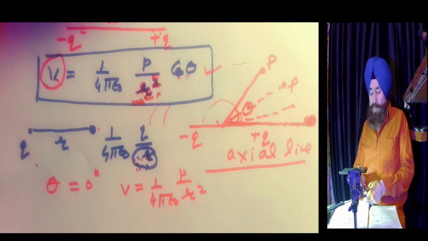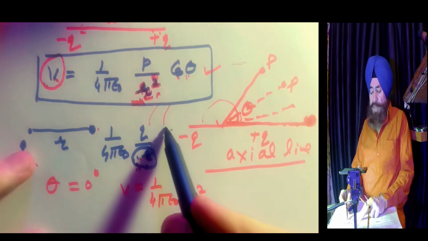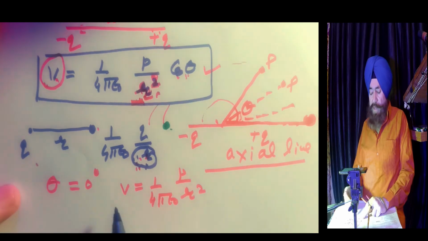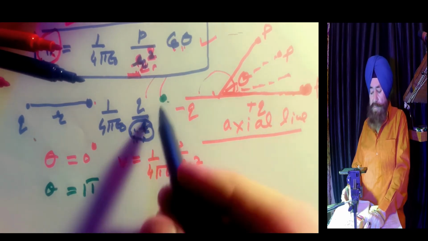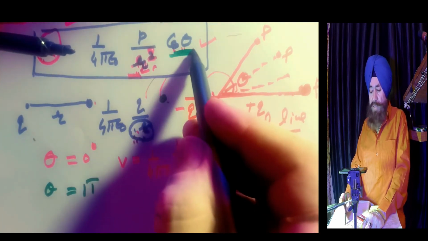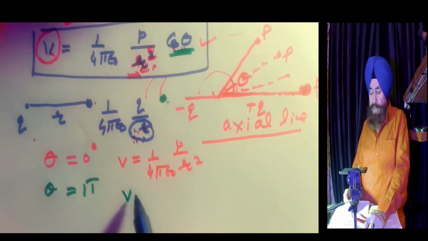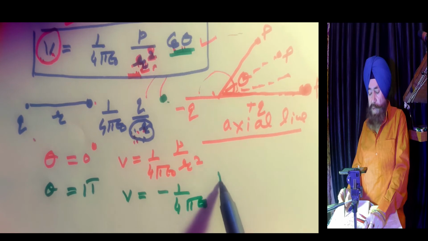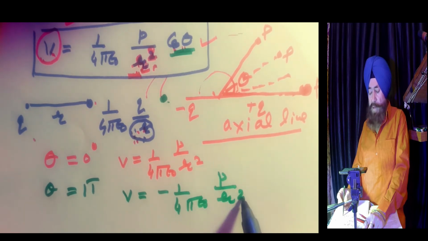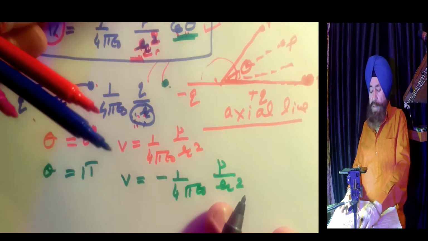And if your observation point is on this side, then theta equals pi, and cos pi is minus 1. So potential becomes minus constant p upon R square.